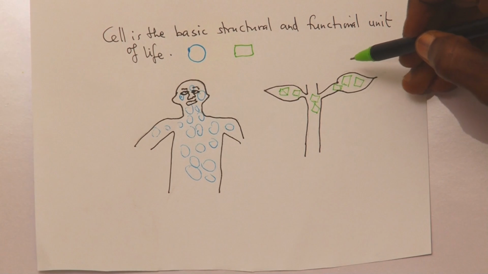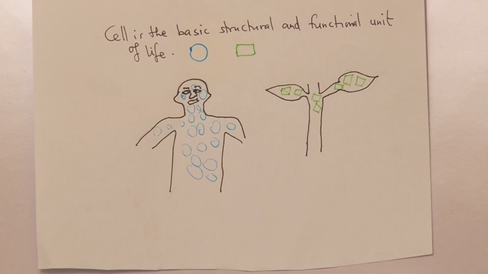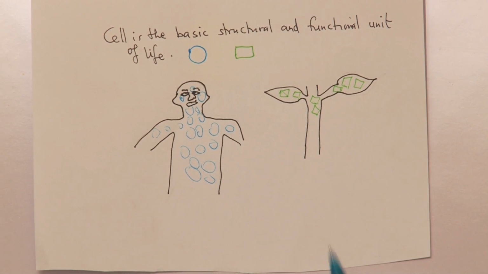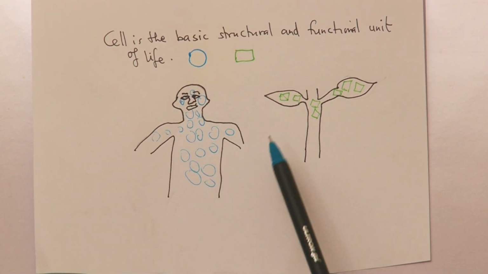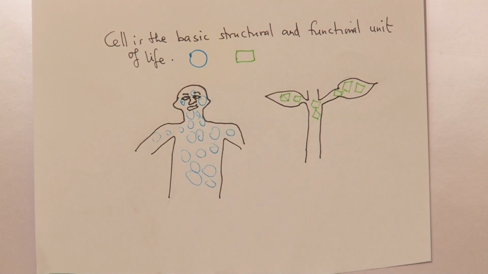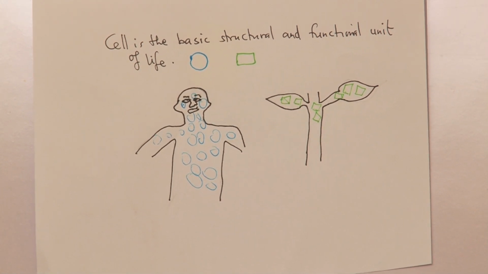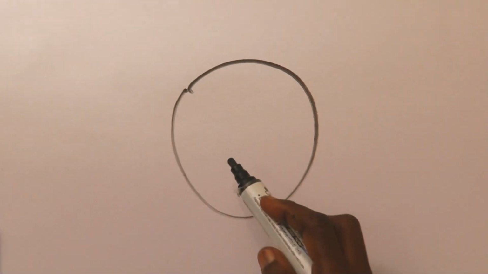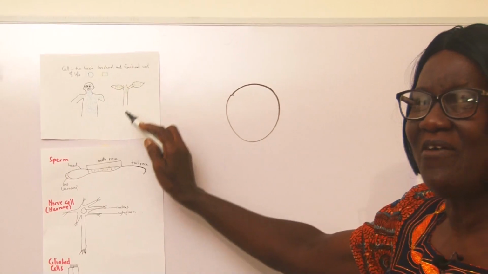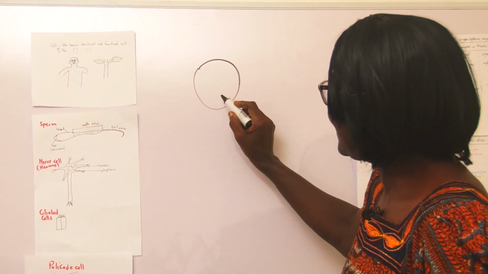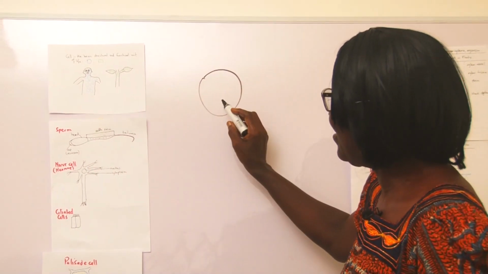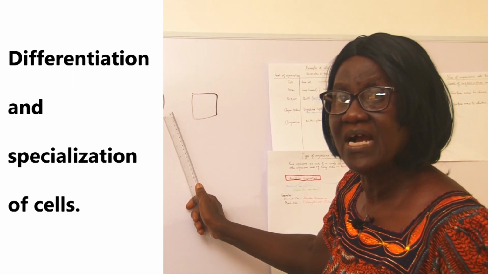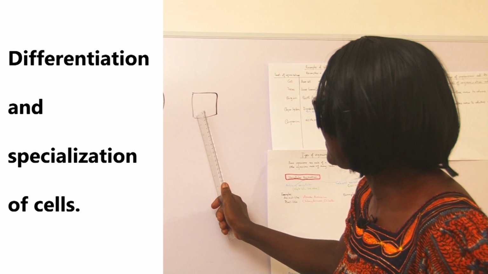All right? So to be able to work as a cell everywhere, there must be something happening to the cell. If we have a cell like this, the basic structural and functional unit covering everywhere, in some parts of the body this cell must undergo changes so the cell becomes differentiated and specialized.